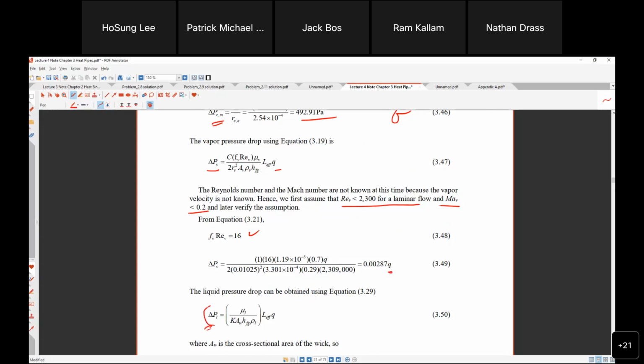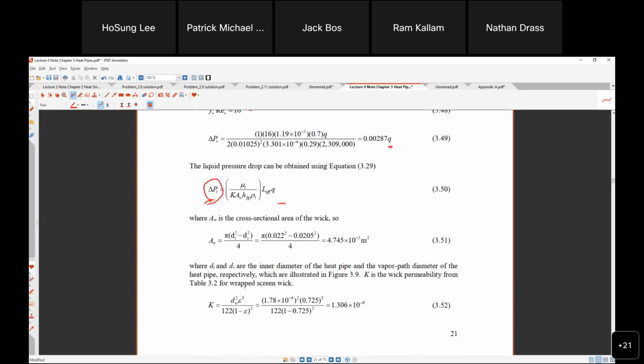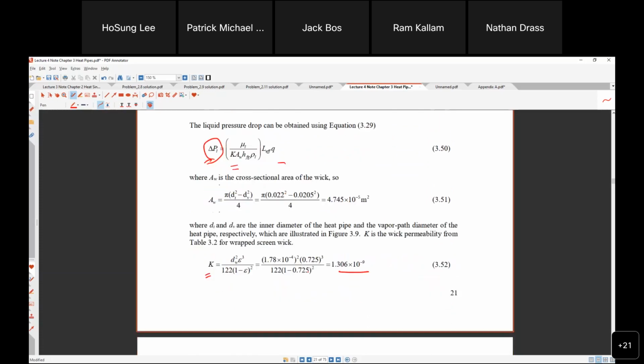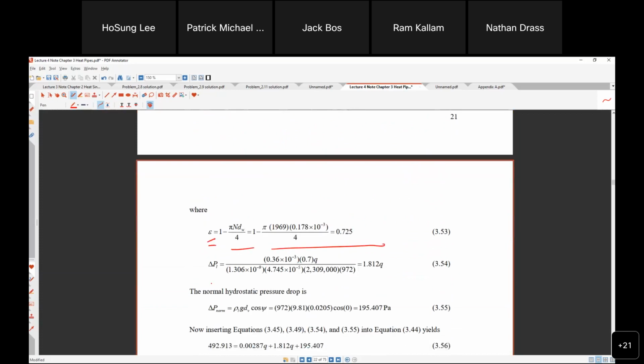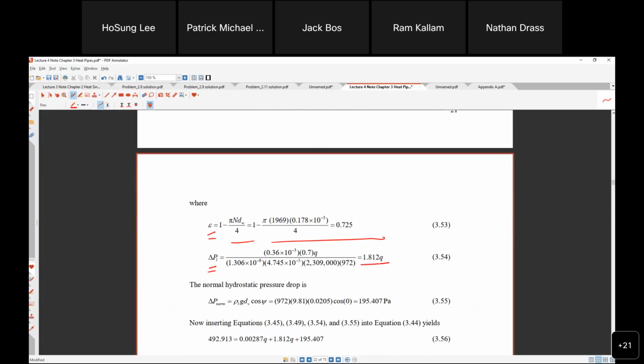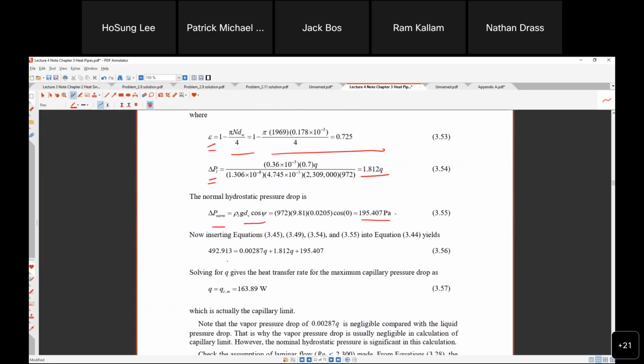And then L, the pressure is also in terms of Q. We have to figure out the K, so calculate the K from tables, and porosity calculated, and then pressure calculated in terms of Q. And then nominal, just use the equation. There's no Q, fine. So finally, this is the capillary limit.